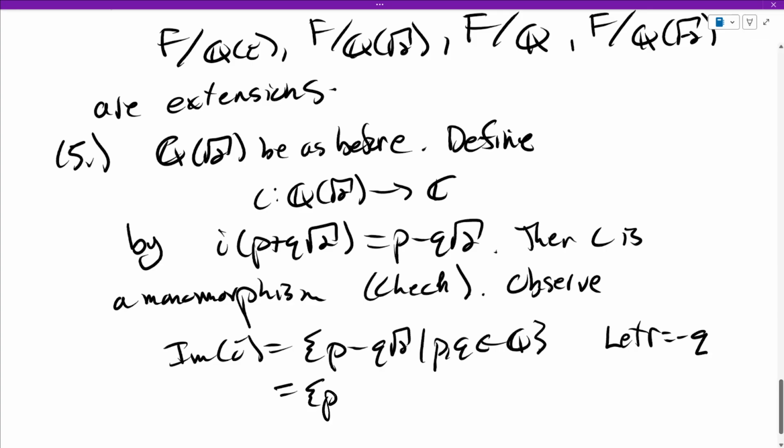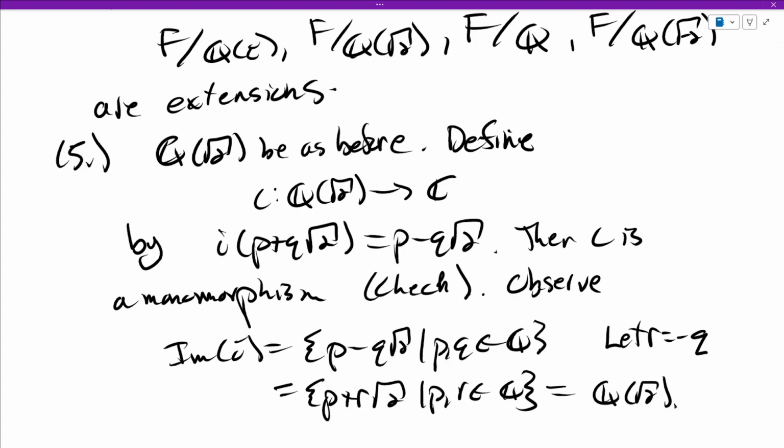So this is the same as p plus r root 2, where p and r are in Q. Just a change of a dummy index, which is exactly Q adjoin root 2 as a subset of C. So this is what I meant: it's not exactly that all extensions are subset containments, but they're essentially that. The image of this guy is really just the same as you would get if you just included. Now this is again still not completely true, but in a lot of situations we're going to care about, these are the type of field extensions that are going to arise, which are really just subset containment.